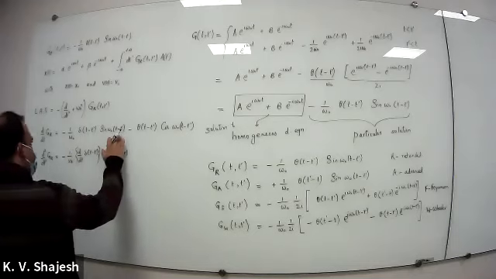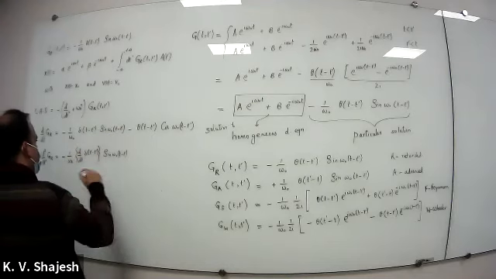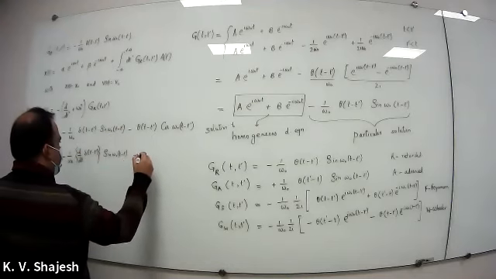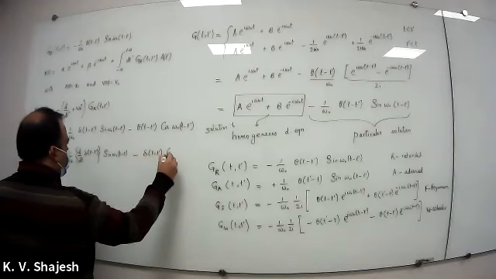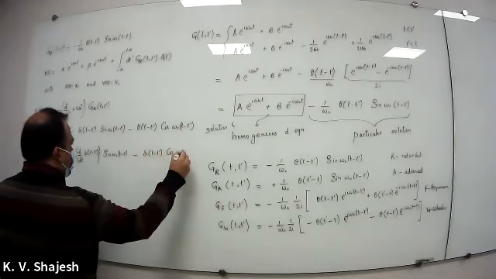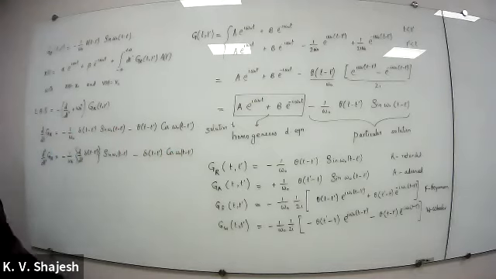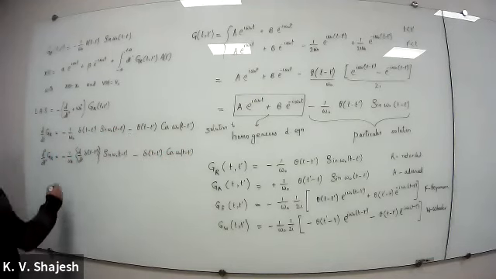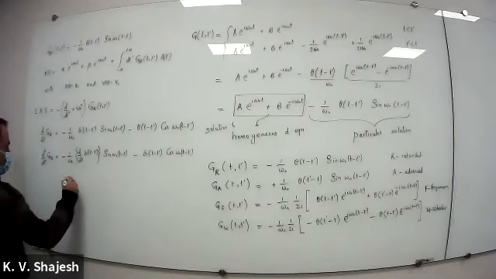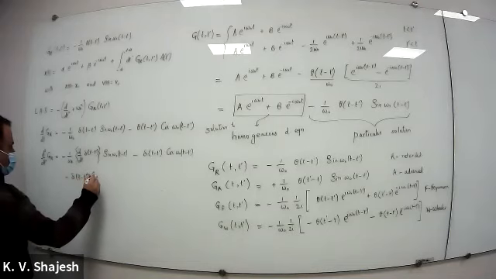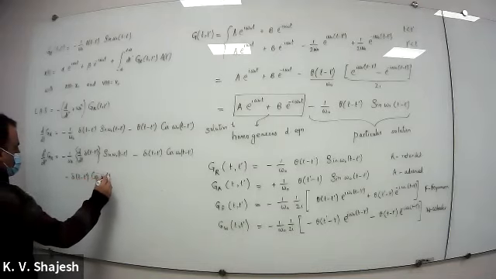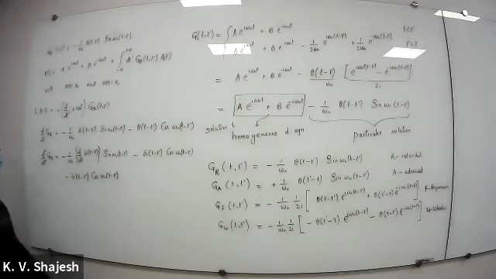Or I can hit this, which will make this a cosine, omega naught cancels. So that's delta of t minus t prime times cosine of omega naught t minus t prime. I can hit here, this place, which is minus delta function t minus t prime times cosine of omega naught t minus t prime.